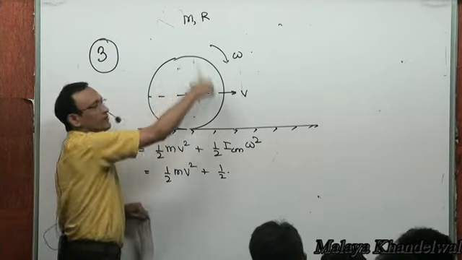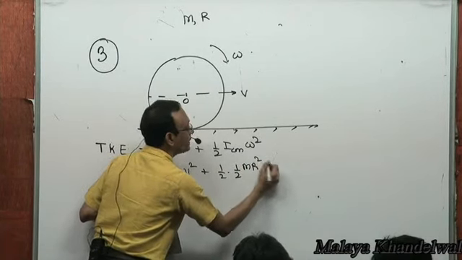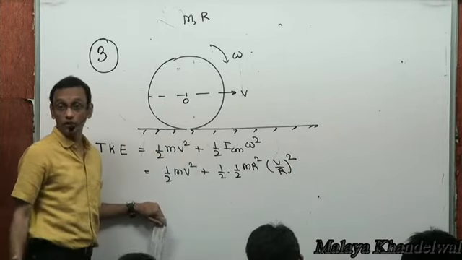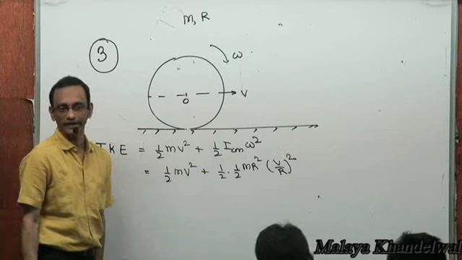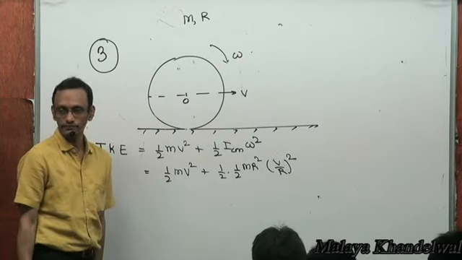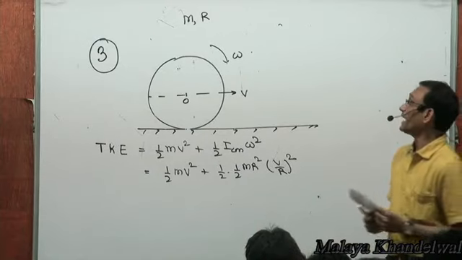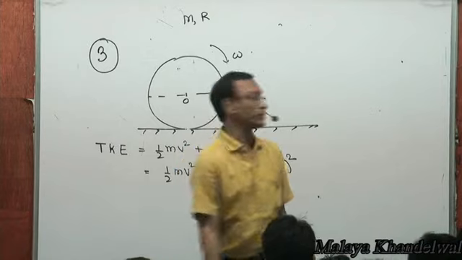ICM is half mr squared for a disk. And omega is v by r, because it's in a state of pure rolling, v is r omega. So this will give you the total kinetic energy in terms of v. Right? Now, let me obtain the kinetic energy of the upper half of the disk.